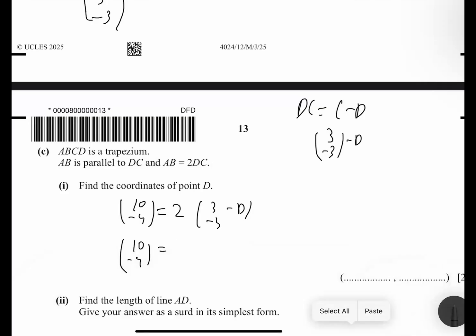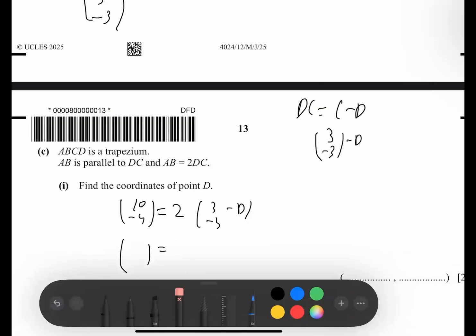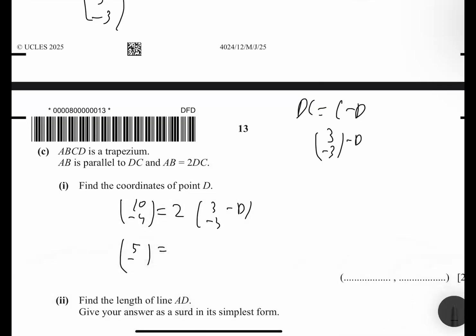So it would be 5 minus 2 is equal to 3 minus 3 minus D. We'll take D to the other side, so D is equal to 3 minus 3, and we'll bring 5 minus 2 to this side, so it will be subtracted.